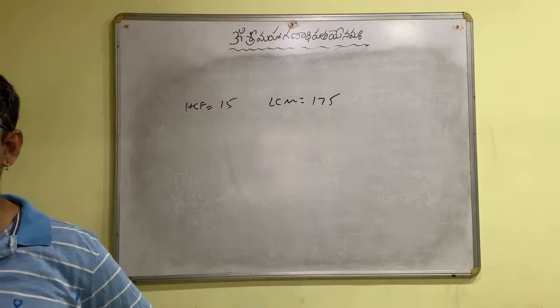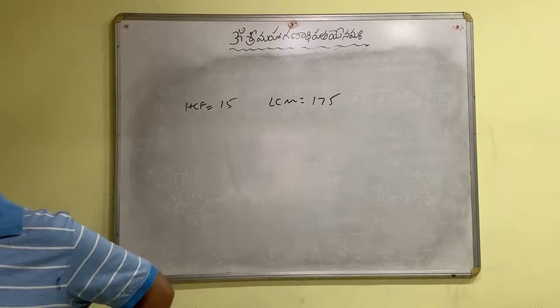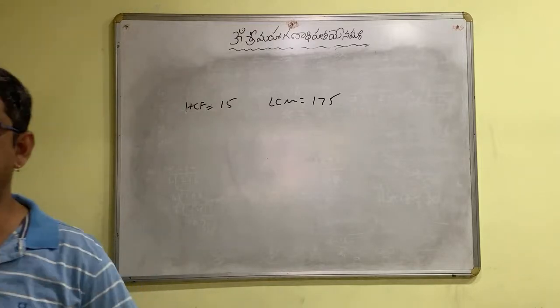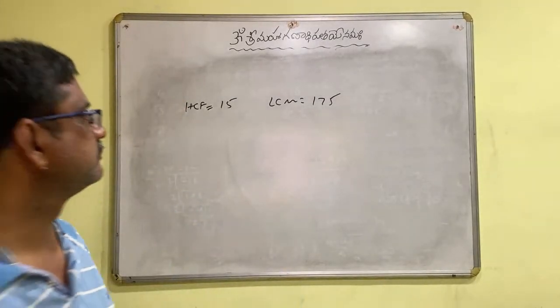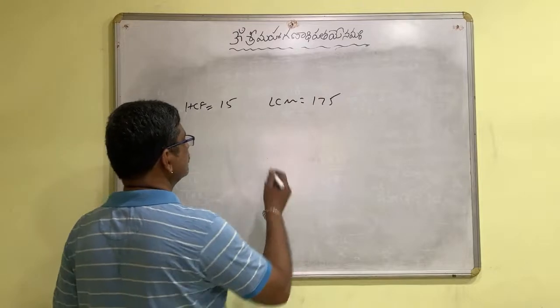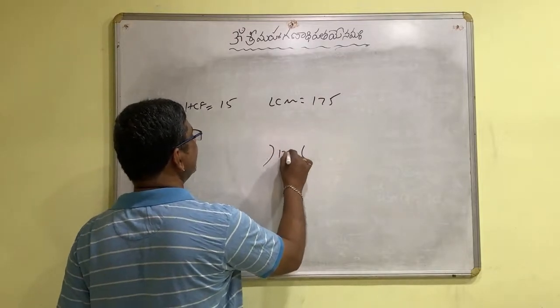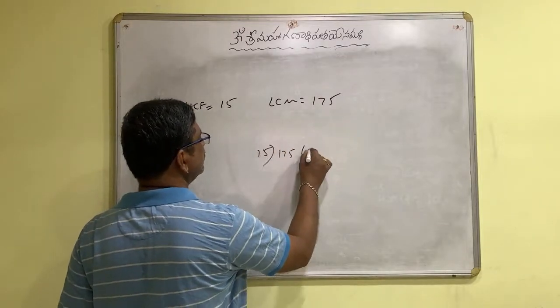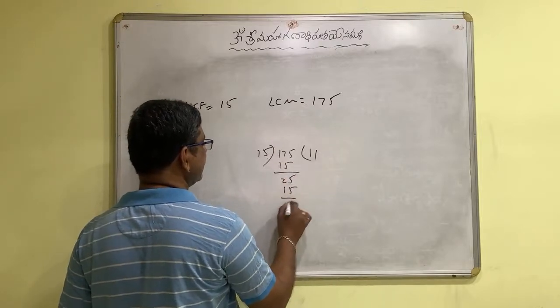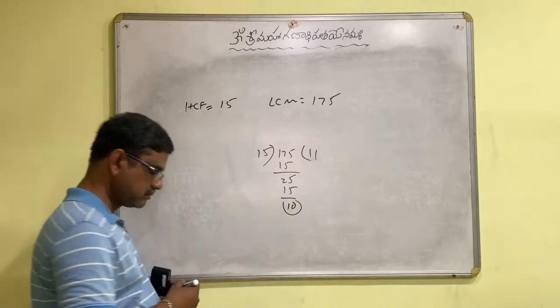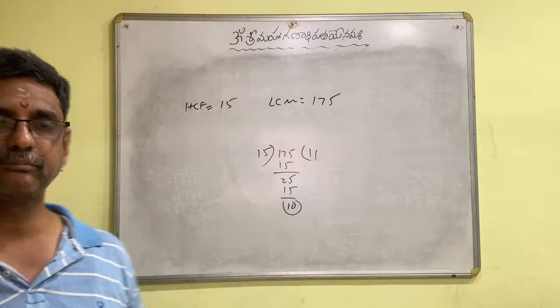Not possible because its LCM is not exactly divisible by HCF. If we divide 175 by 15, 15 ones are 15, 25, again 15 ones are 15, 10 is remainder. So not possible. Okay?